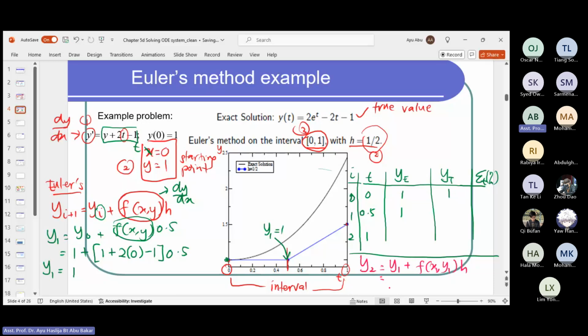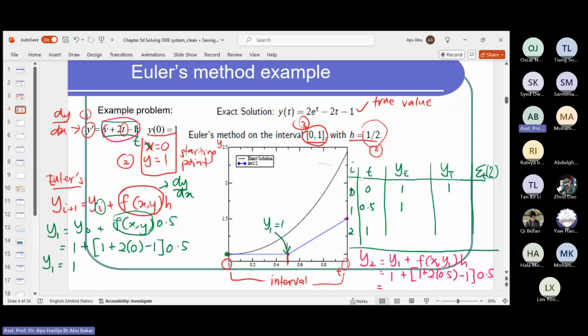So y1 is 1, use this equation, then plus 2 multiplied by t1, which is 0.5, then minus 1, multiply by 0.5.